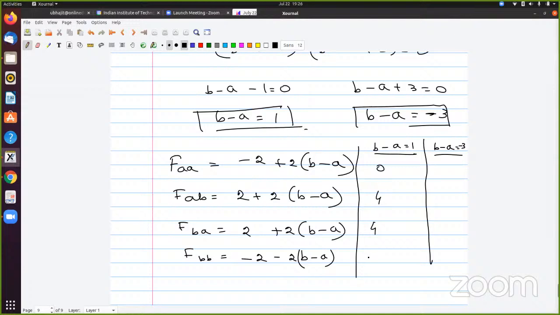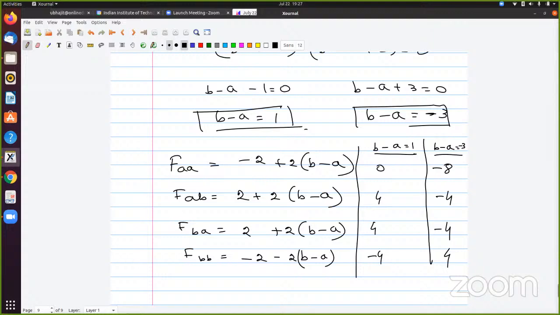No, this is 1 minus 4, minus 4. And when it is minus 3, what are the values? Minus 8, minus 4, 4. Right? These are the things we are getting, right?